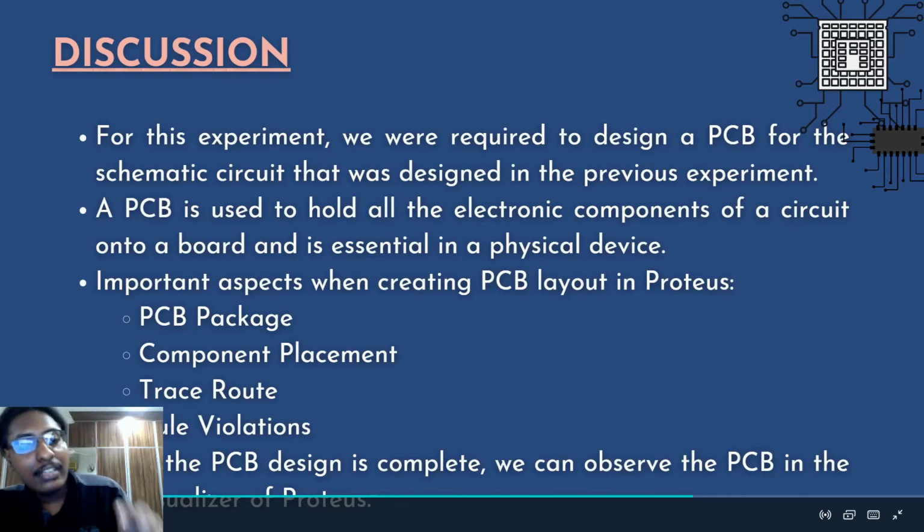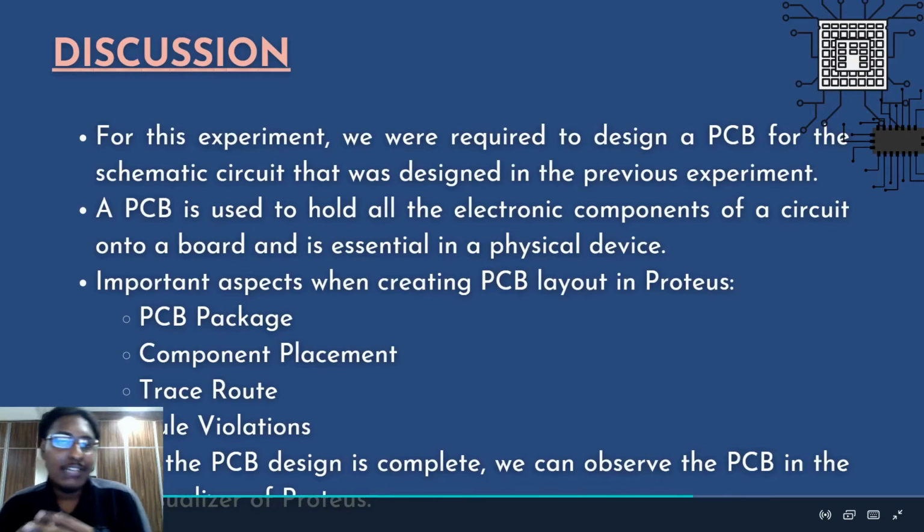So other than that, component placement is also a very important aspect when doing a PCB design, whereby the component placement can change how the trace between one component to another component changes, as well as trace routing. Trace route is important, whereby we need to make sure that there are no short circuits or open circuits between the traces, as well as ensuring that the trace diameter is good enough to withstand the process of etching using chemicals later on.